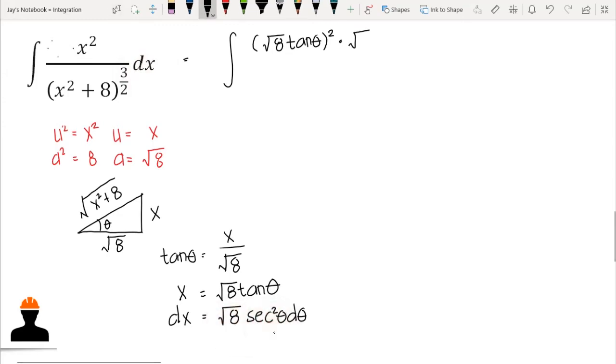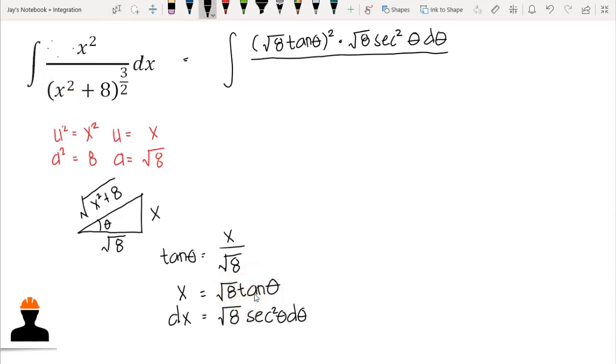Then we have square root of 8 secant squared theta d theta, and then all over. Now in this case, we can substitute x here as square root of 8 tangent theta. Okay, so you can do that.